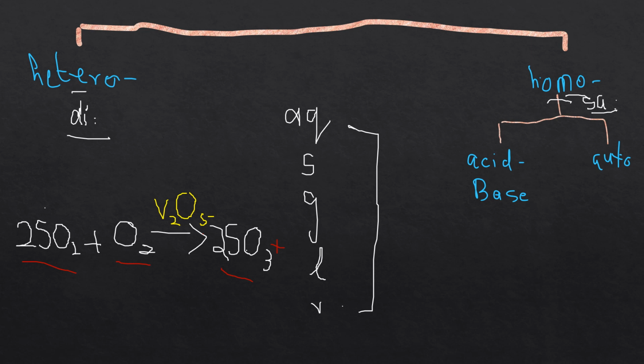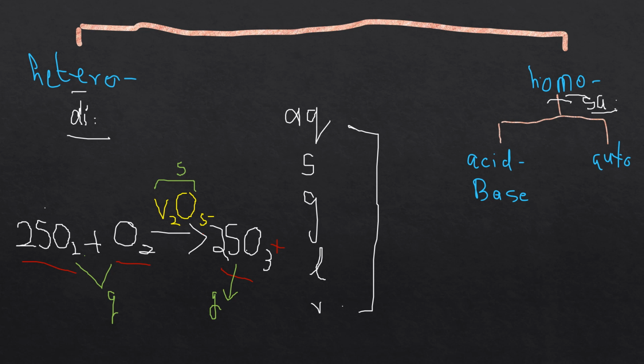Now if you have a deep look at the reactants, these two are in the form of gas. The product is also in the form of gas. But this V2O5, vanadium pentoxide, is in the form of a solid. So this is called heterogeneous catalysis.